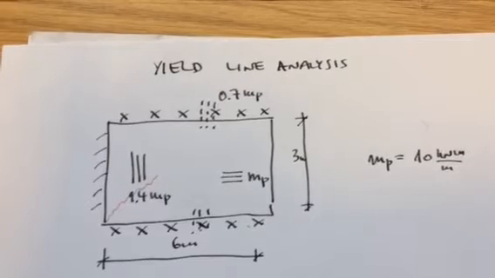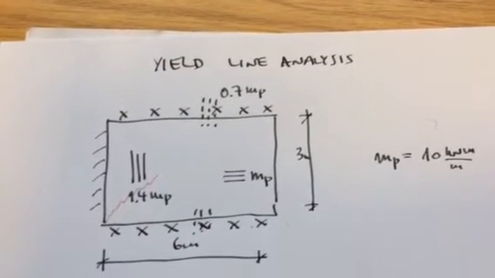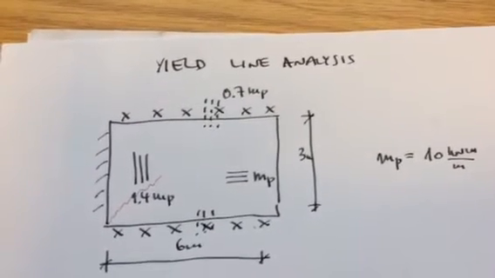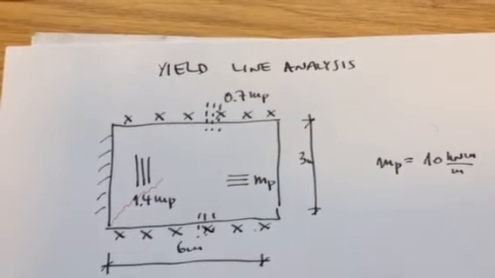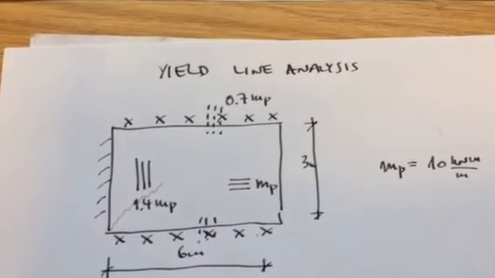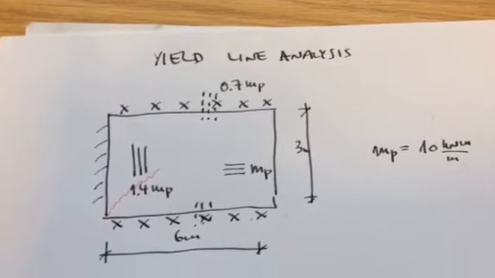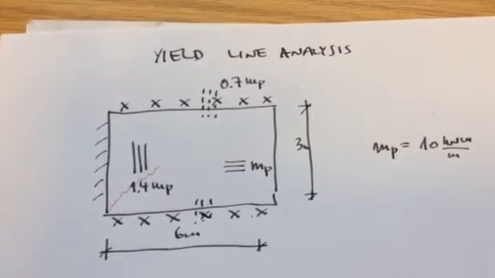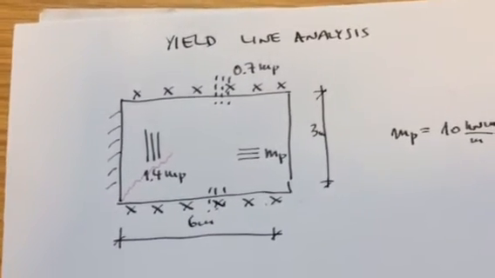The slab is simply supported along one shorter edge, fixed along two longer edges, and free on the fourth edge. The collapse load on this slab needs to be determined.